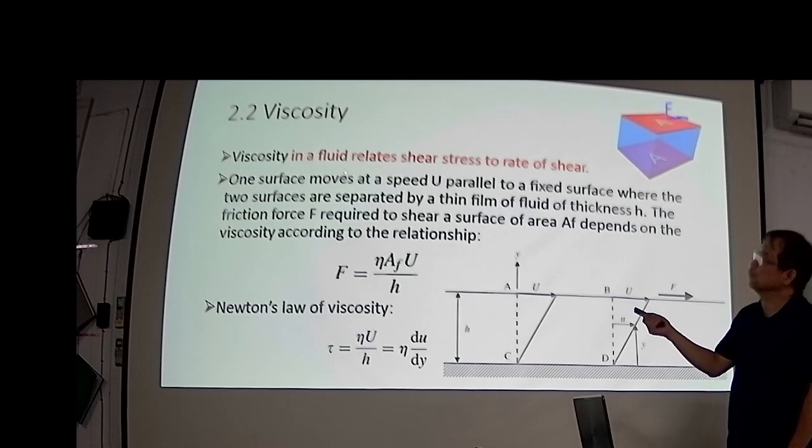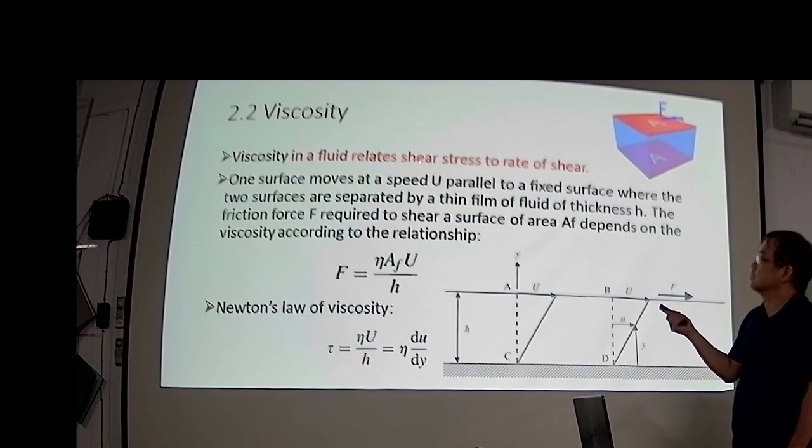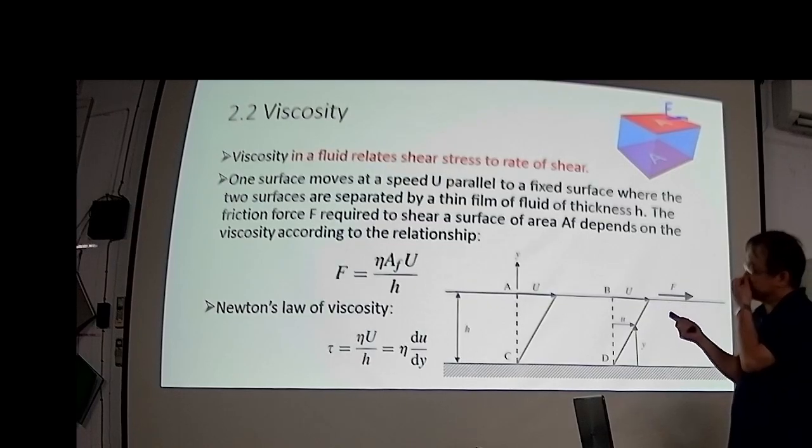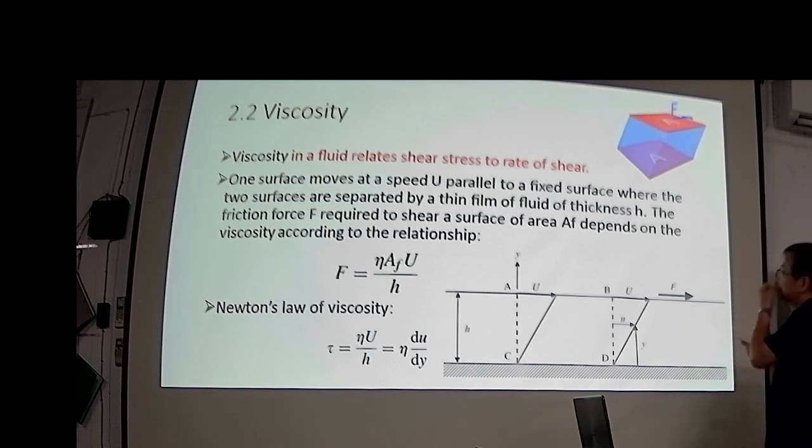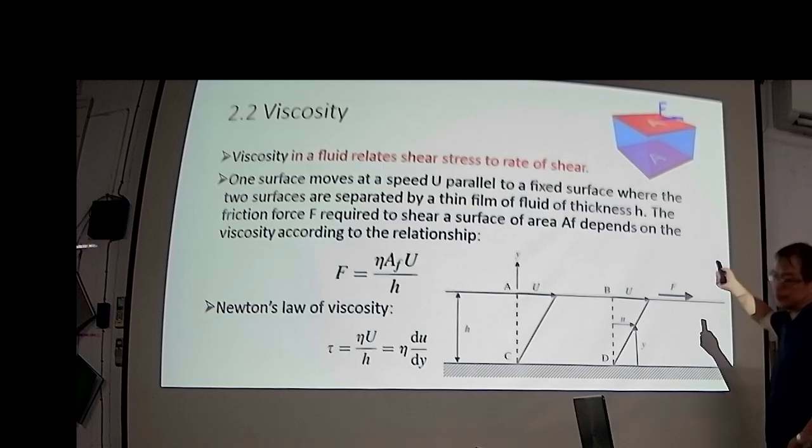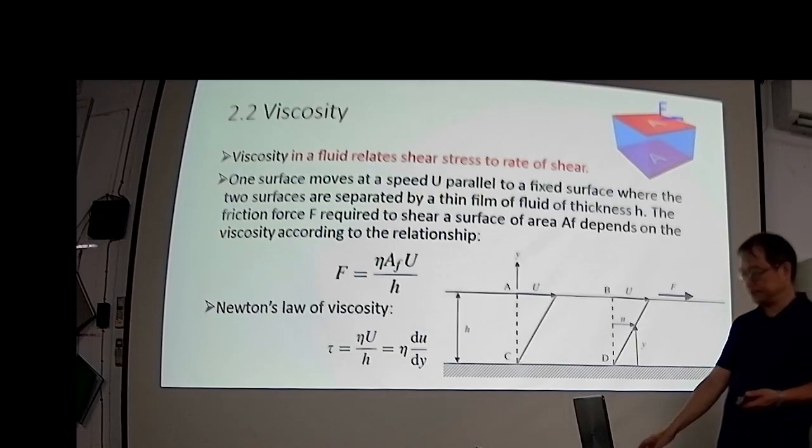Viscosity in the fluid relates the shear stress to the rate of shear. Look at the illustration of the flow here.